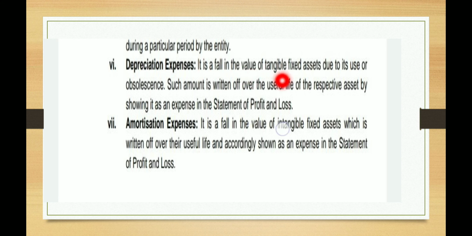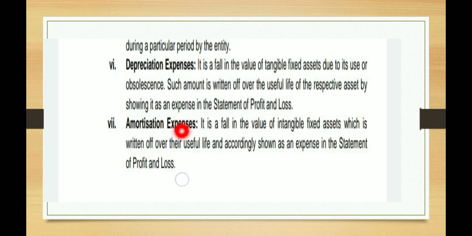When we use tangible assets, some value of that asset decreases with normal wear and tear and obsolescence. Such amount is written off over the useful life of the respective asset by showing it as an expense in the profit and loss statement. You make an amount of fixed deposit, so you can purchase that machinery in future.